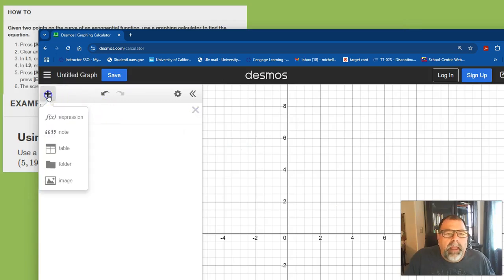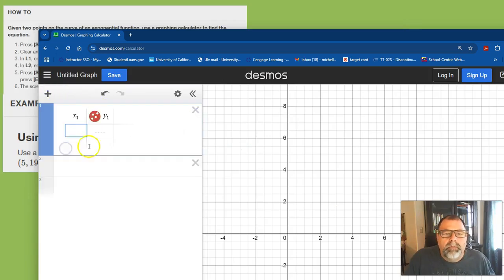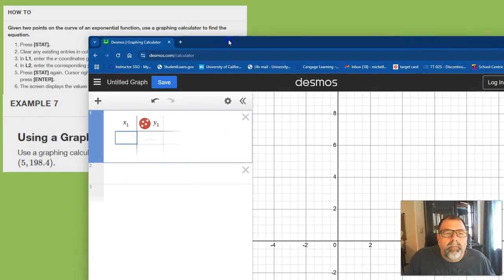You hit add, table, and basically the L1 and L2 in your TI calculators, L1 would be your x coordinates, L2 would be your y coordinates. So this x sub 1 is basically L1.